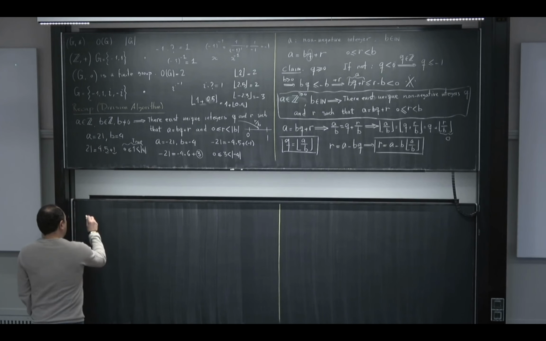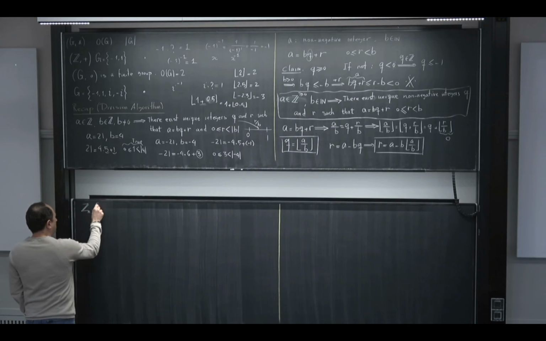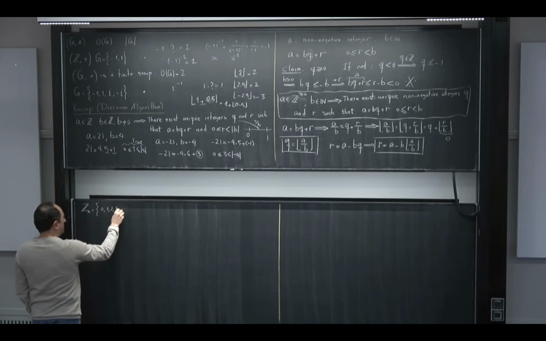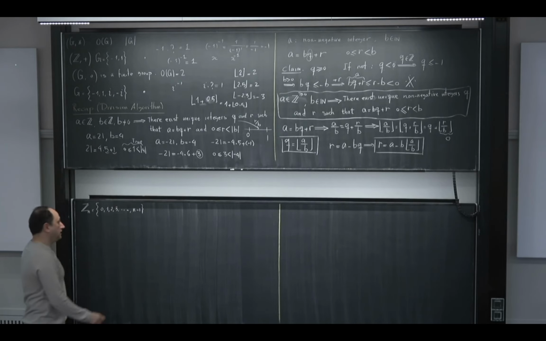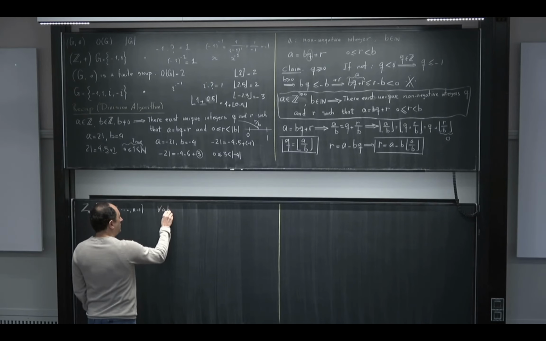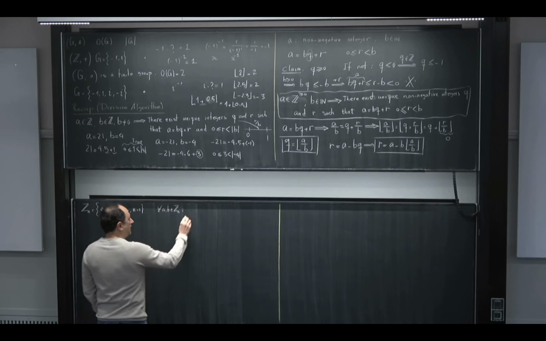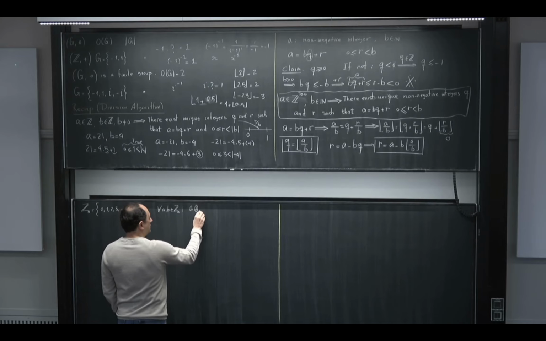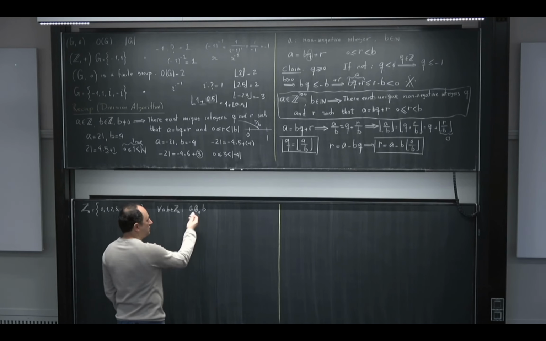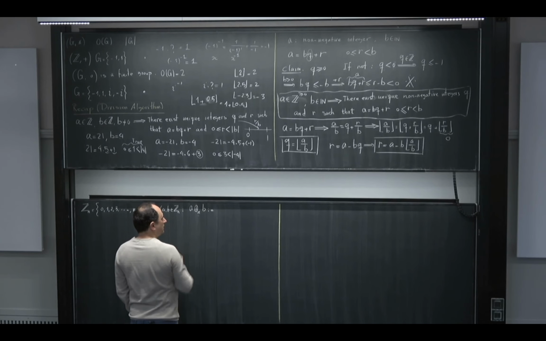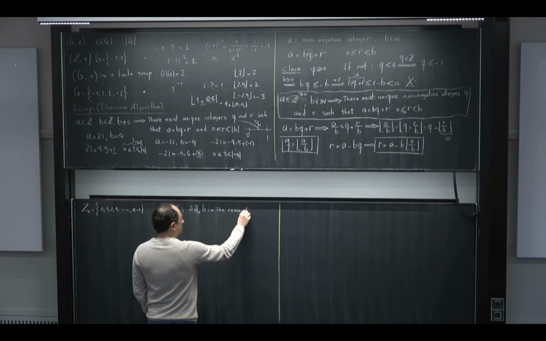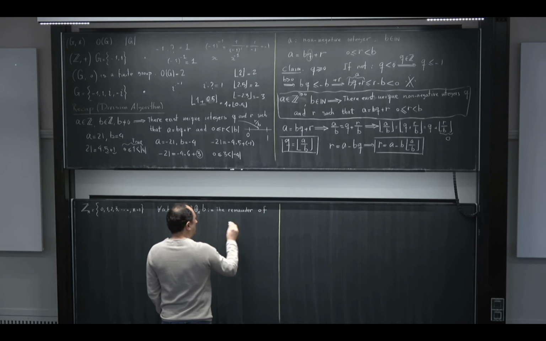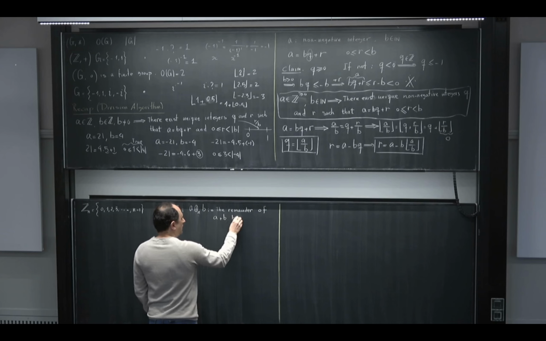So let me write everything here. Z sub n is the set of integers starting from 0, 1, 2, 3, but not up to n, up to 1 unit less. And then I am saying that for all A and B in this Z sub n, this operation, addition modulo n, is defined to be the remainder of A plus B by n.